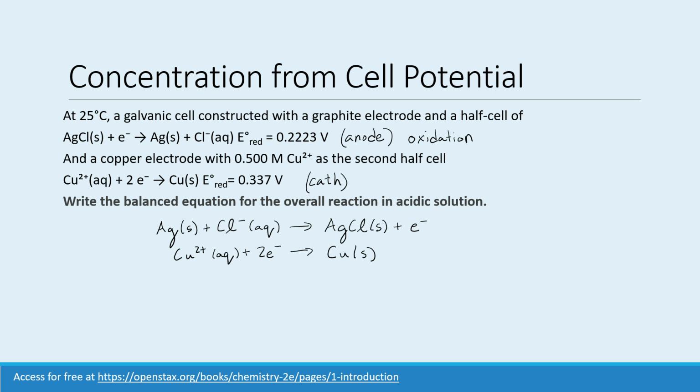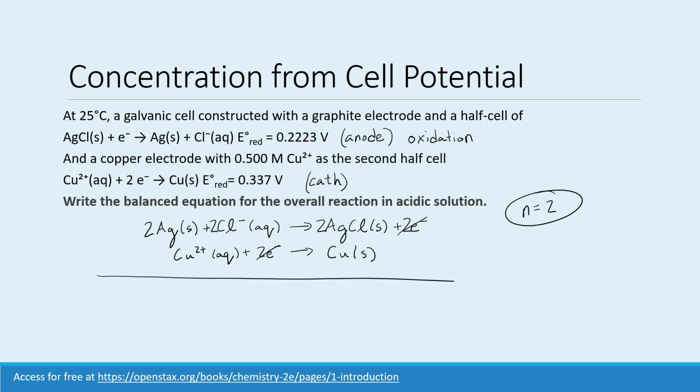And so now we look at the electrons and we notice that the electrons are not the same number on opposite sides there. So we've got to multiply that first reaction by 2. And so we can throw a 2 in front of everything in order to get those 2 electrons to cancel out. And so just remember from doing this that N equals 2 electrons.